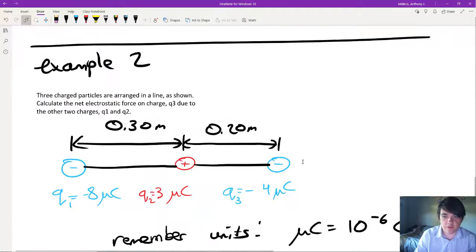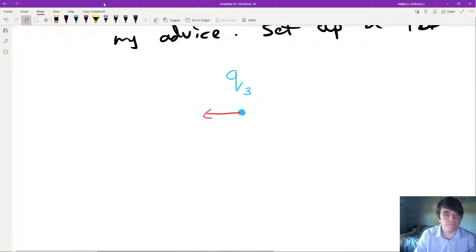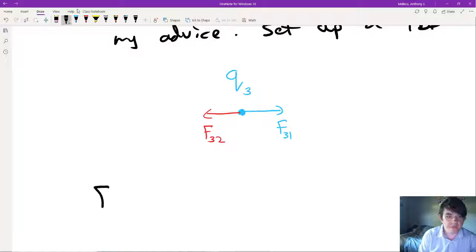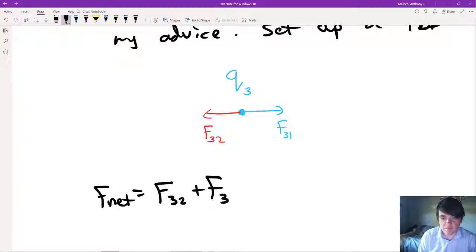And then it's going to be repelled by Q1. Okay? So this is the force on 3 by 2. This is the force on 3 by 1. And so F net equals F32 plus F31.